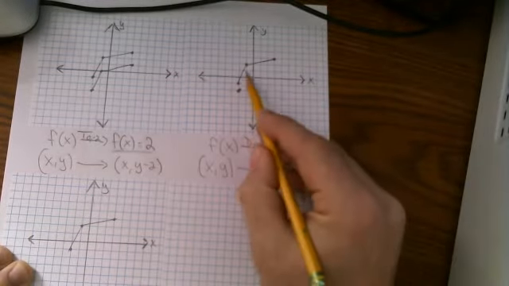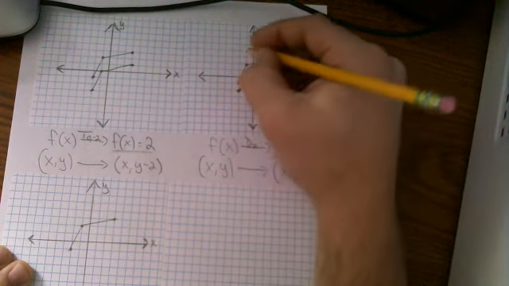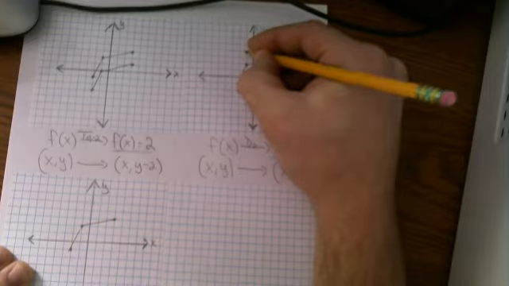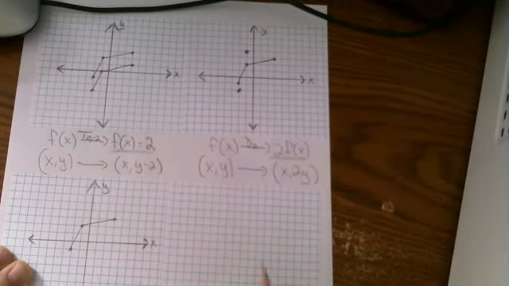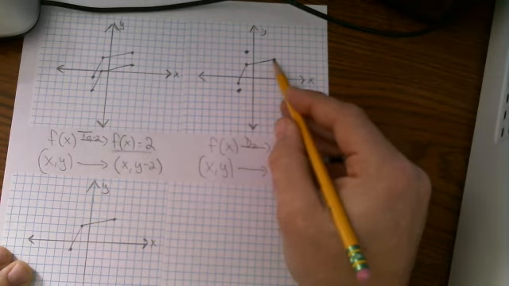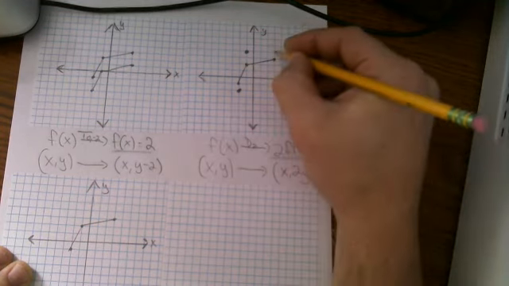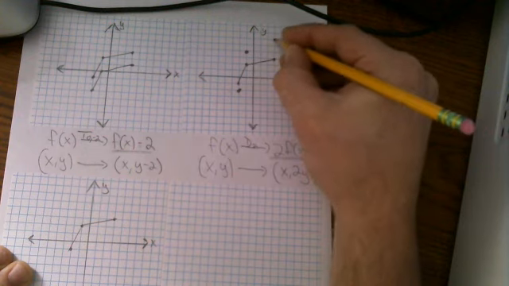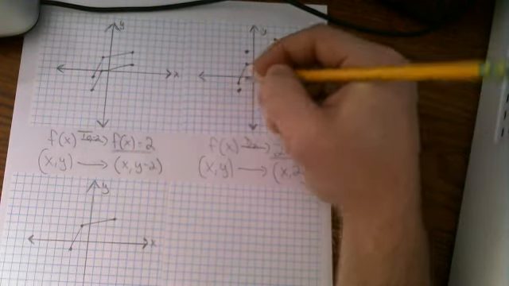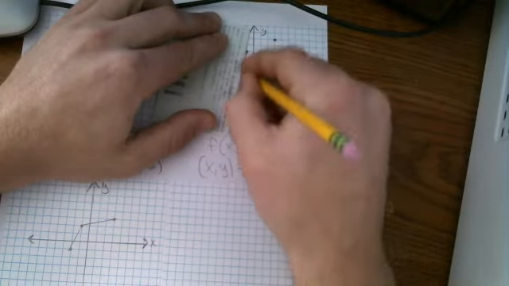This is the ordered pair negative 1, 2. If I multiply the y value by 2, I have negative 1, 4. This is the ordered pair 3, 3. If I multiply the y value by 2, then I have 3, 6. So here is the shape of my new graph.